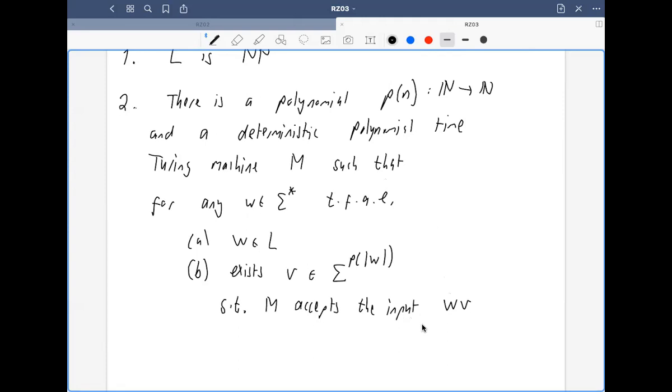So I should say here, V is called a certificate, such that W belongs to L.